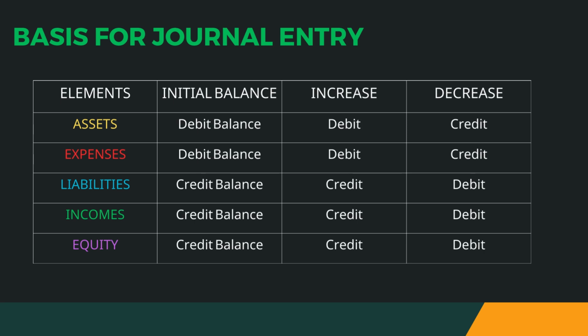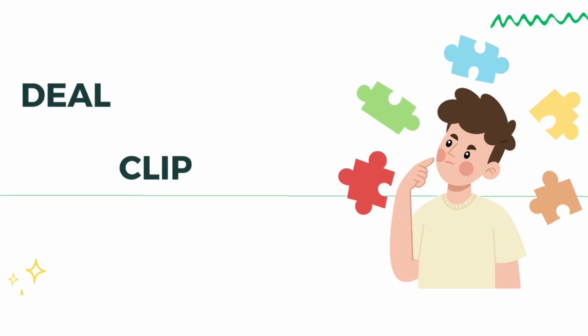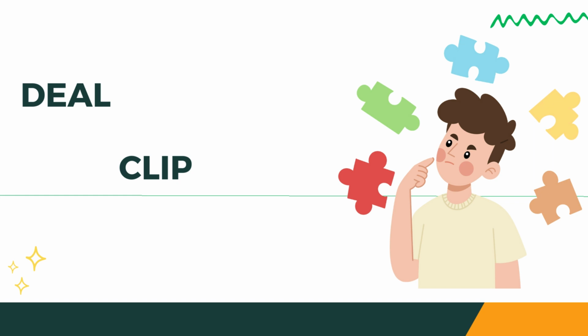While passing a journal entry, this same rule applies to each element of accounting mentioned in this table. After all, it is still difficult to remember what to debit and what to credit. The solution to this problem is to understand it with the following mnemonics that are DEAL and CLIP.